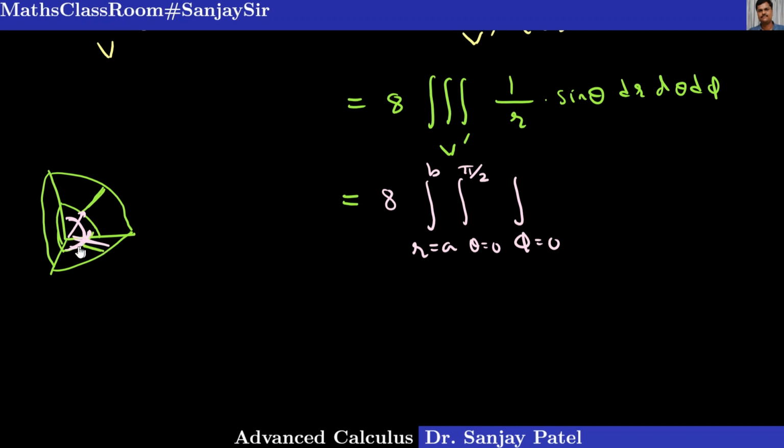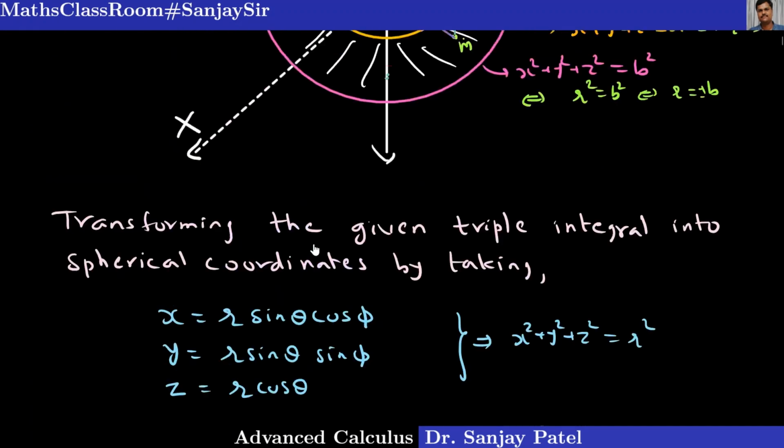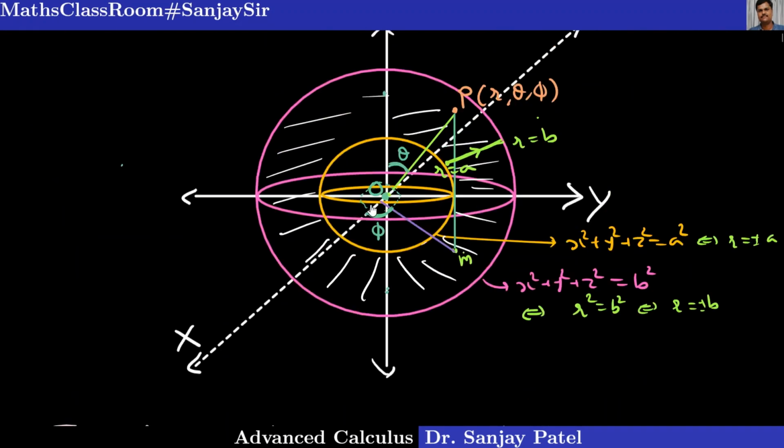Phi is the angle between this line segment and the x-axis, which is here. Let me show you in this figure again. We are taking only the first octant, so only this part. So phi varies from this 0 to pi by 2, and theta also in the first octant varies from 0 to pi by 2.